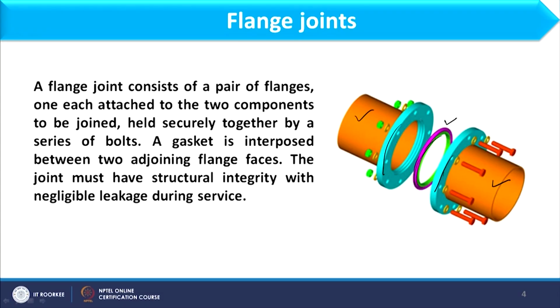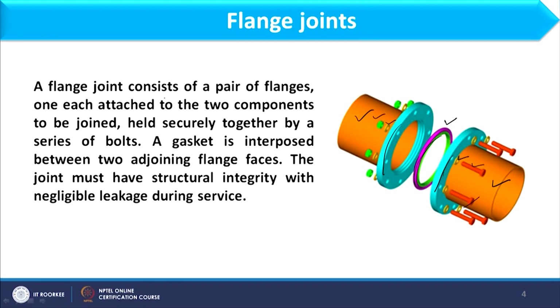So, the gasket is an integral part of the flange, and it is placed between two faces of the flange. Okay. And each flange will have holes, and these holes will be connected through bolts and nuts, and here I again have a washer or gasket. So, in that way we have the full connection.